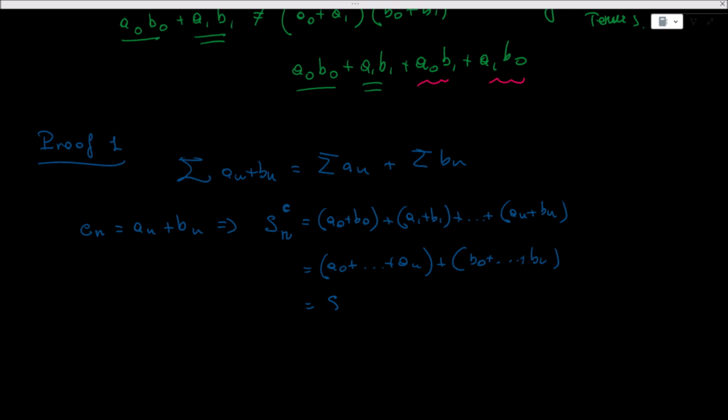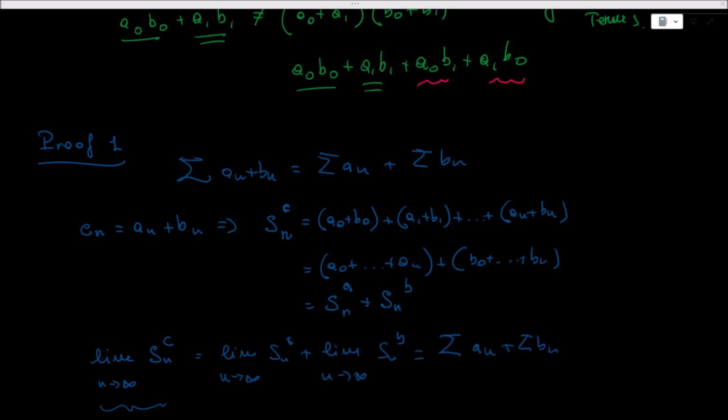And now, when taking the limit of Sn c as n goes to infinity, which is, by the way, nothing else than the sum of an plus bn, well, by just applying the algebraic theorems of the limits, this is just the limit.